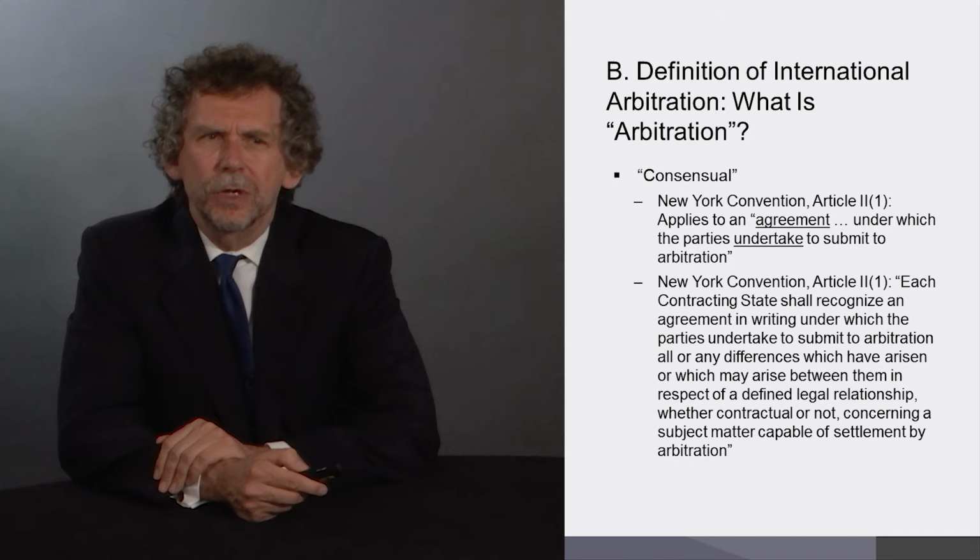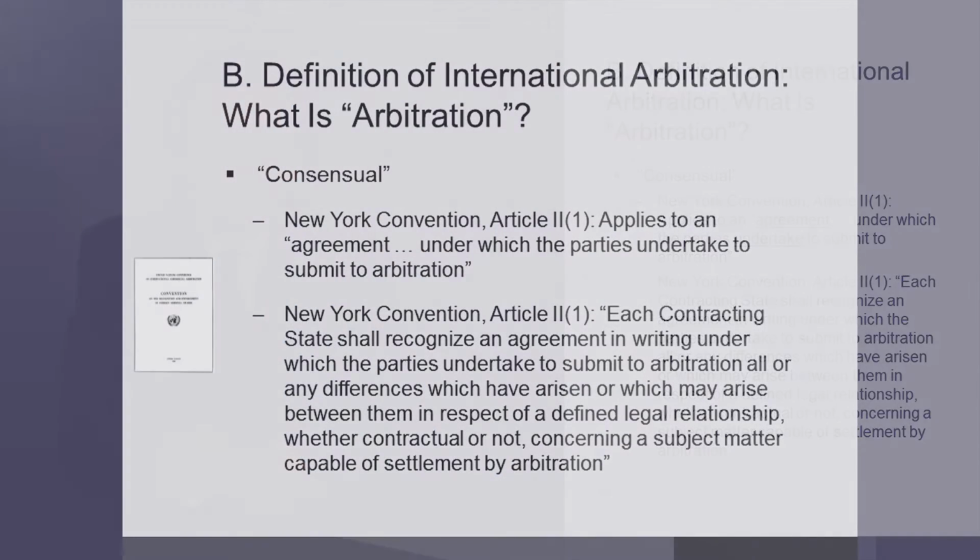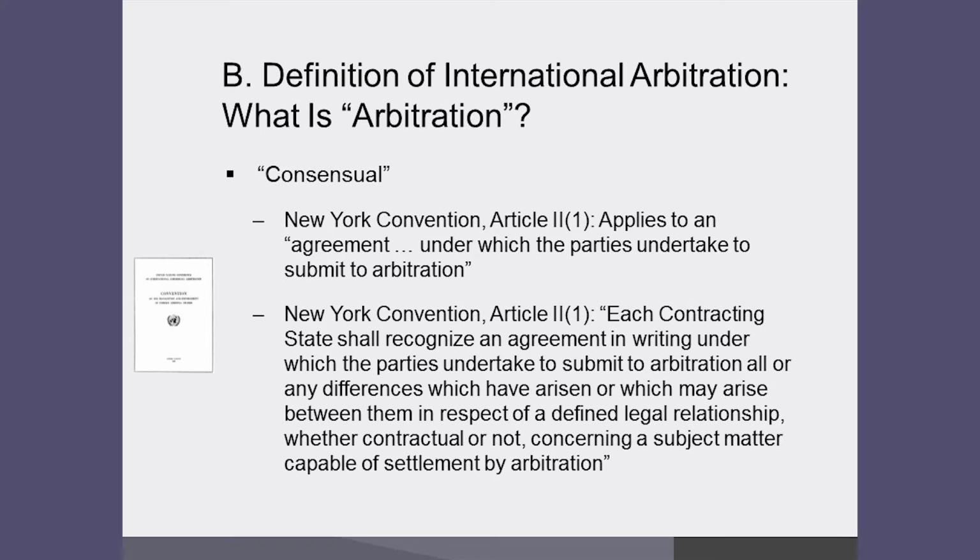This aspect of arbitration is reflected in the New York Convention, the United Nations Convention on the Recognition and Enforcement of Foreign Arbitral Awards. Article 2, subparagraph 1 of the Convention, excerpted on the current slide, applies to arbitration agreements, an agreement under which the parties undertake to submit to arbitration.